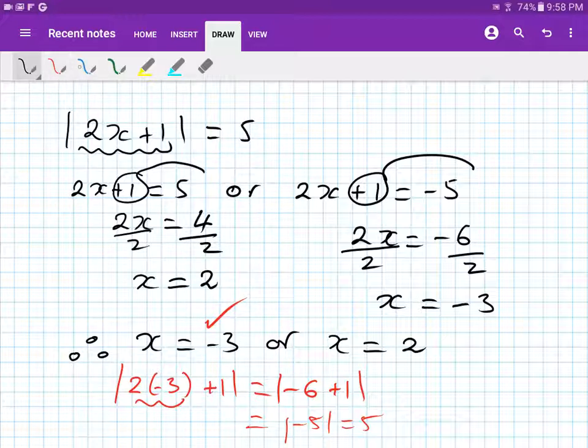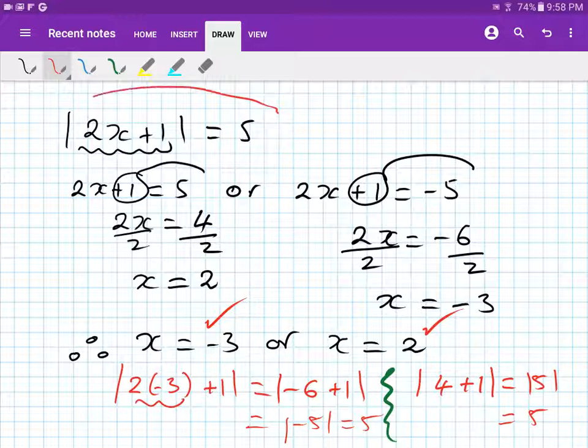Now let's test the other one. If I substitute 2 in there, 2 lots of 2 is 4, plus 1 is 5, and the absolute value of 5 is 5. So this is correct as well. So your answer is x is minus 3 or x equals 2.